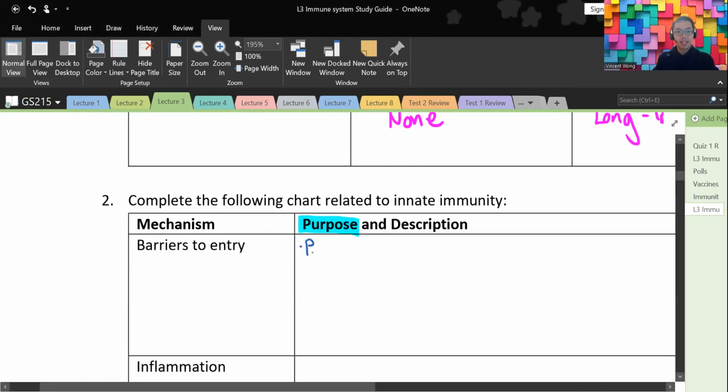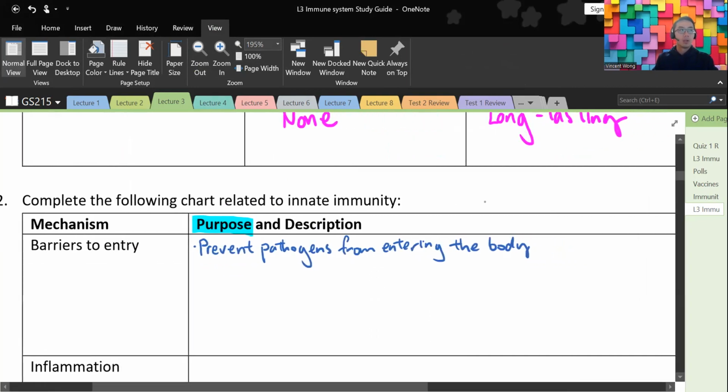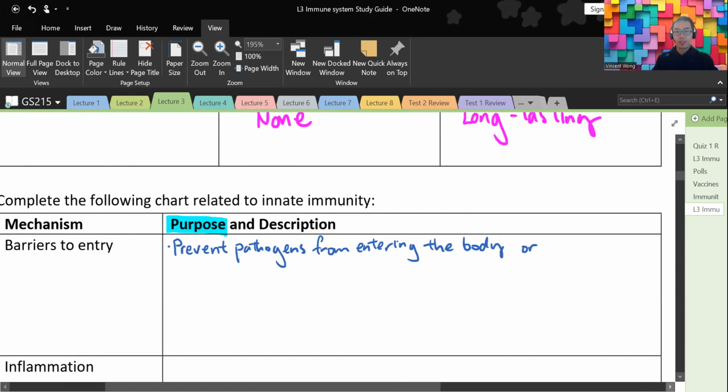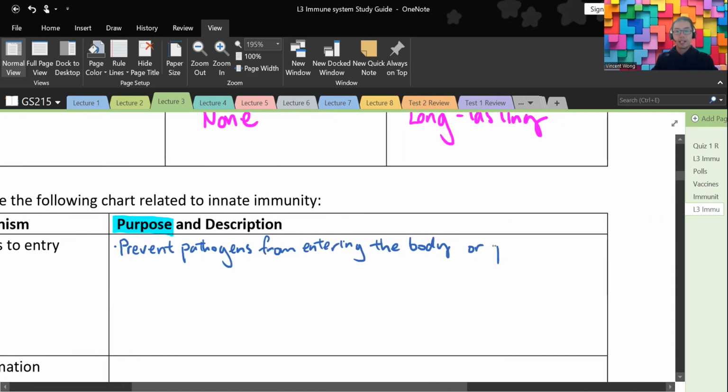Basically, we prevent pathogens from entering the body, or if they do enter, we can prevent them from colonizing on bodily surfaces.